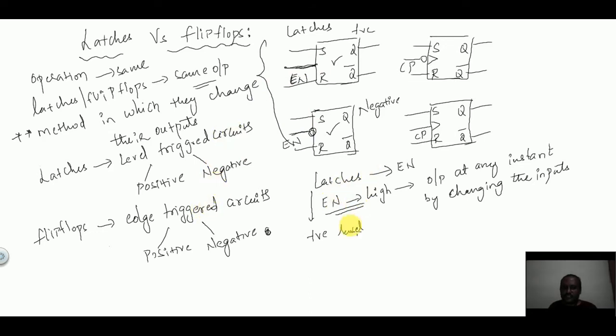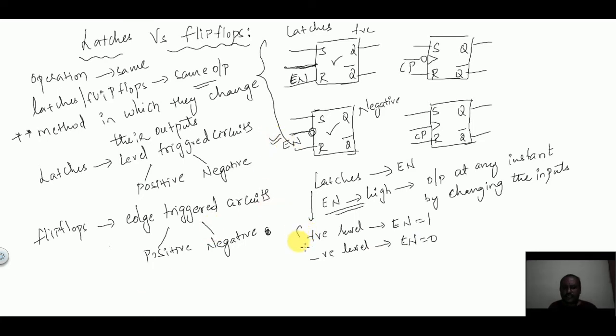So if the latch is positive level triggered, you have to give enable input equal to 1 to make the enable input high. Similarly, in the case of a negative level triggered latch, you have to give enable input equal to 0.